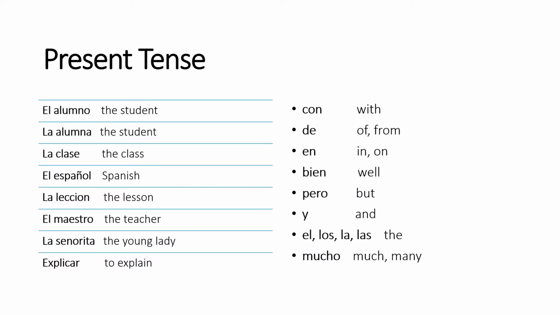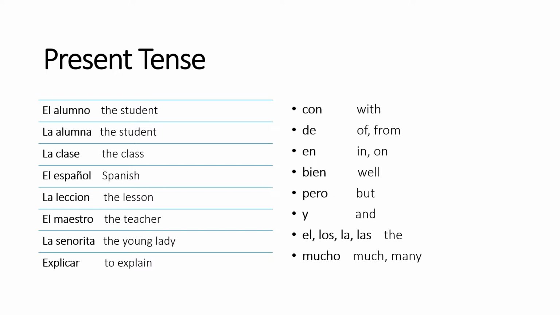In order to understand the concept of present tense, we need more words. Some of the words that we can see here are subjects with articles, with conjugations that we know and we can be familiar with probably from the past. In this case, el alumno, the student, la alumna, la clase, el español, la lección, el maestro, la señorita, explicar.